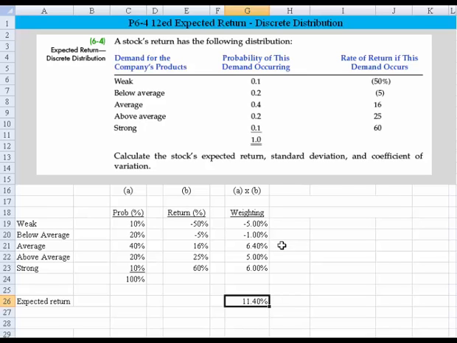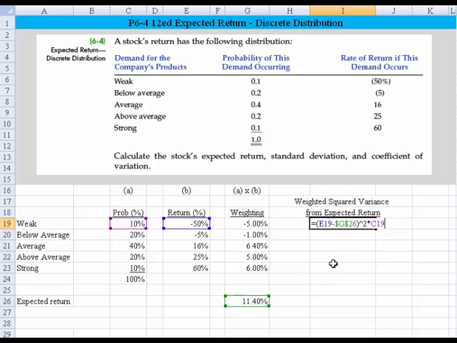Okay, now let's think about standard deviation. Let's come up with some titles here. Okay, what we could do is we could take the weighted squared variance from the expected rate of return. Now let me bring one to light and I'll walk through the formula.